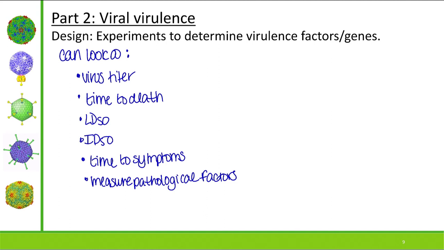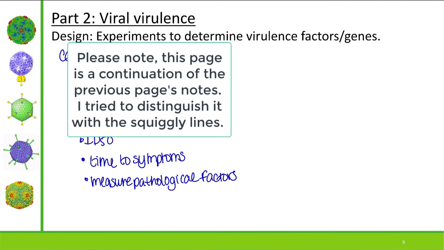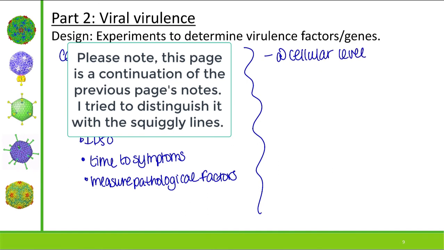And as you're thinking about ways to determine virulence factors or these genes and how we would measure virulence factors, I want you all to be thinking about how you can look at this. You can look at this at the cellular level. You can also look at this at the organismal level.